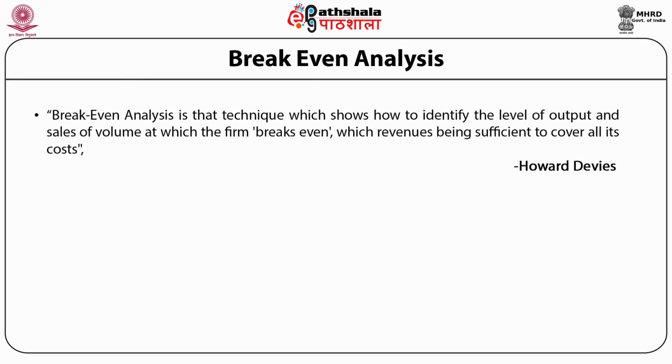Break-even analysis is that technique which shows how to identify the level of output and sales or volume at which the firm breaks even, with revenues being sufficient to cover all its costs.